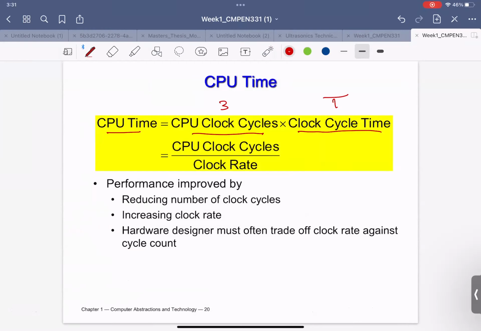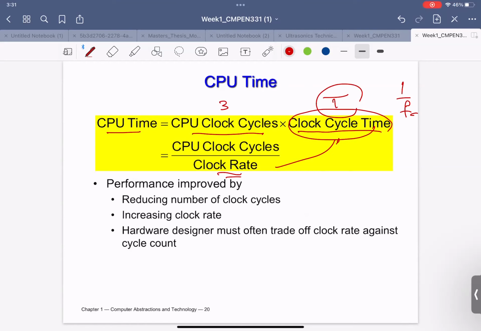And we also mentioned that this T is 1 over F. Because of that, I will remove this and write 1 over F, which is the clock rate, because the frequency is just the clock rate. So at the very end, the CPU time is equal to the number of clock cycles, which is 3, divided by the frequency. And from that, I can calculate the CPU time.